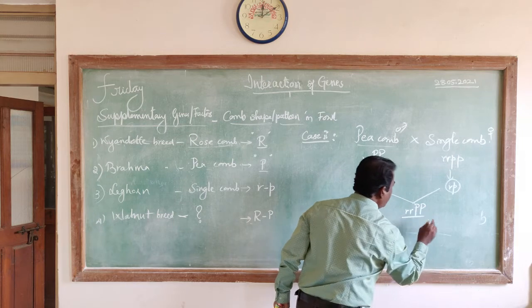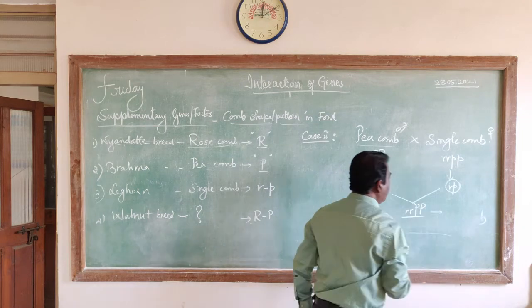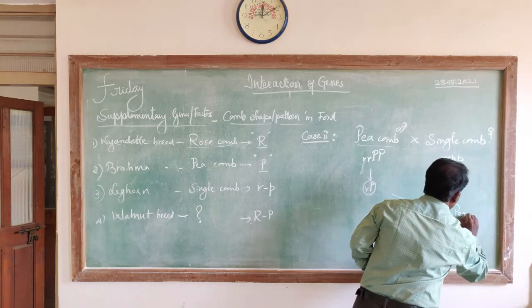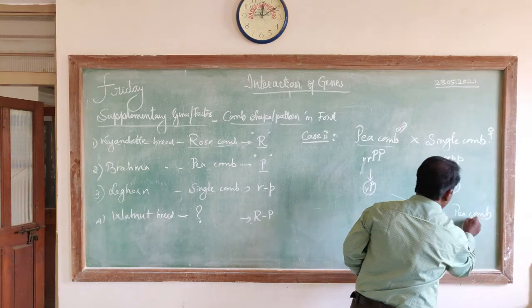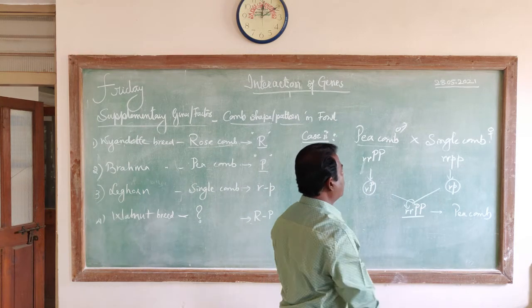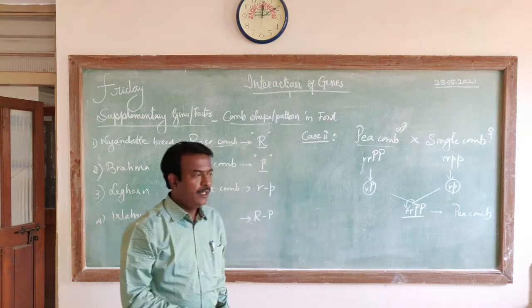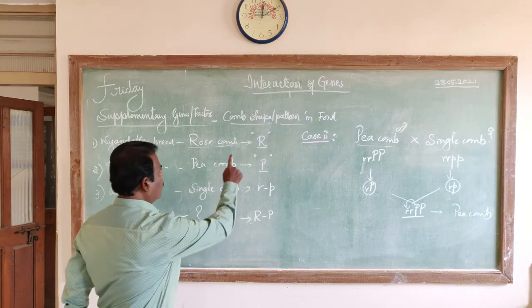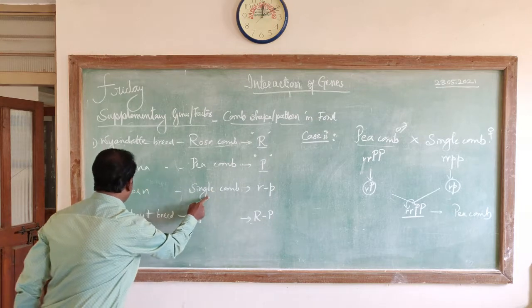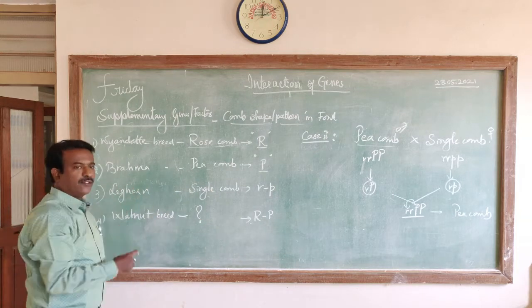Look at it, capital P is for the expression of a phenotypical character as pea comb only. That means gene for pea comb is dominant over gene for single comb. This way, gene for rose comb and gene for pea comb are dominant over single combed pattern in case of leghorn.